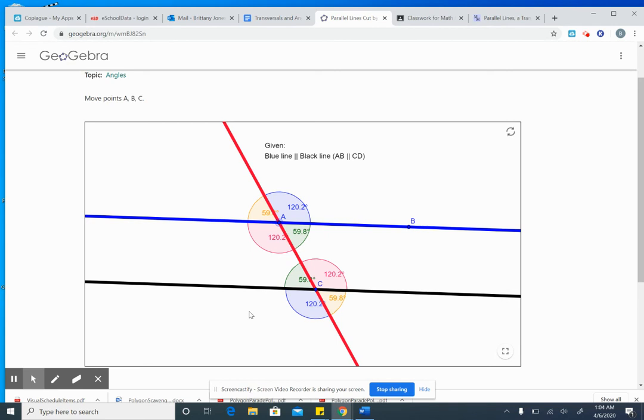But one other thing I wanted to show you was a corresponding angle. Corresponding angle is where I am hovering with my mouse. It's the red color, 120.2 right here. And if you look at the first intersection up here, where it's also 120.2, that angle is exactly the same size and shape.